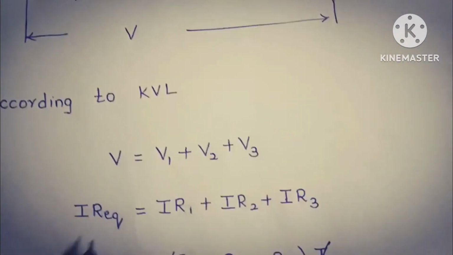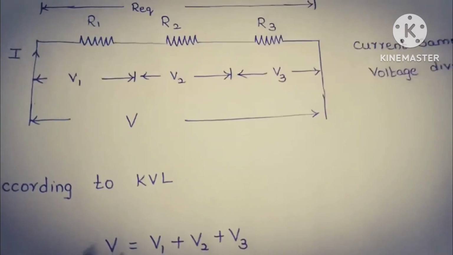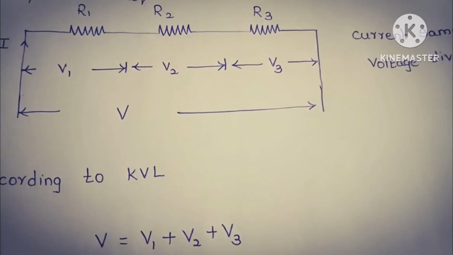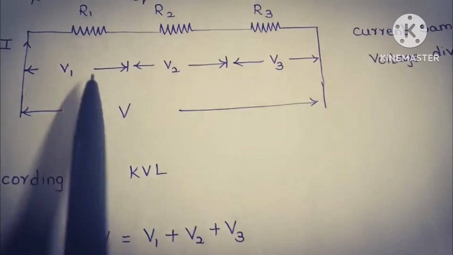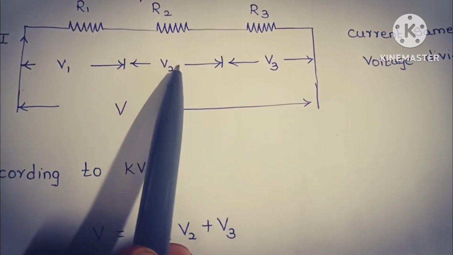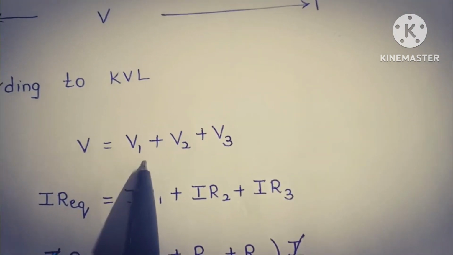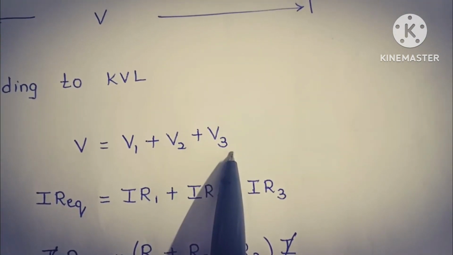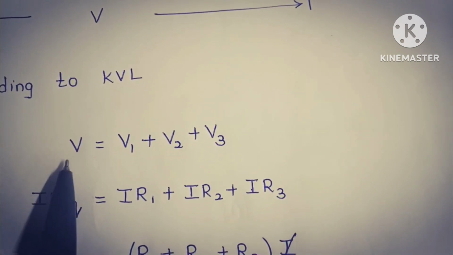So applying KVL, the voltage rise, that is V, is equal to the drop across the resistors, that is V1 plus V2 plus V3. So V is equal to V1 plus V2 plus V3. What is V?